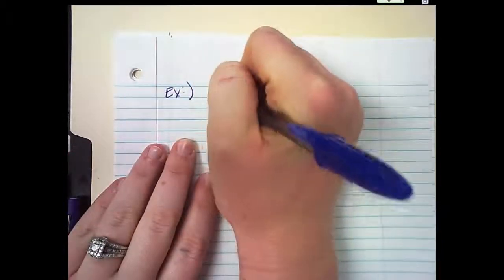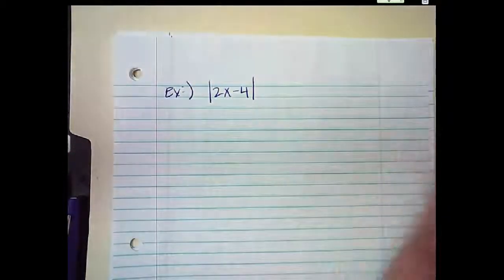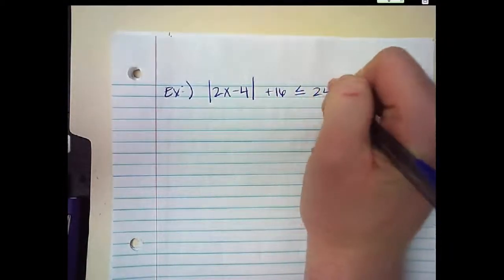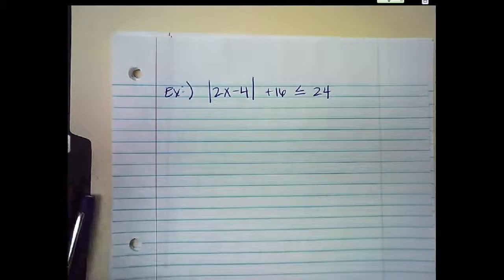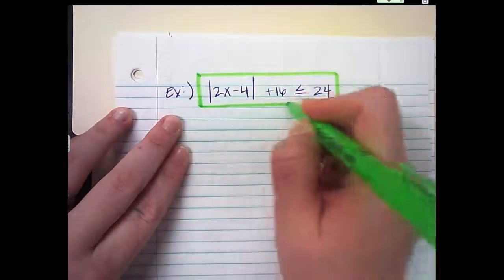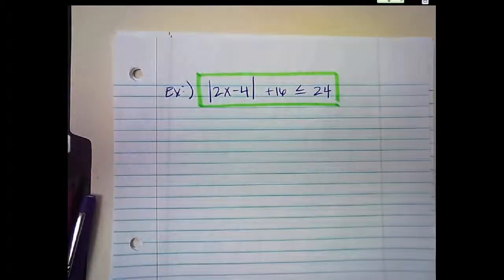Absolute value of 2x minus 4 plus 16 is less than or equal to 24. Okay, do not choose if it's less than or greater than until you have isolated the absolute value.